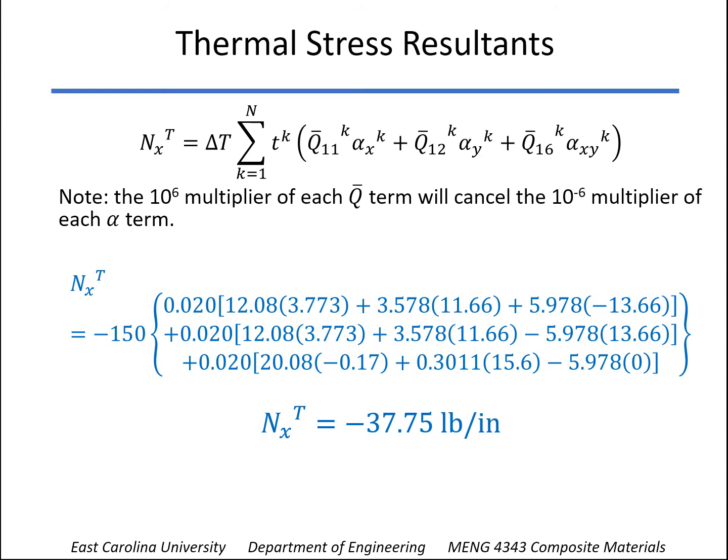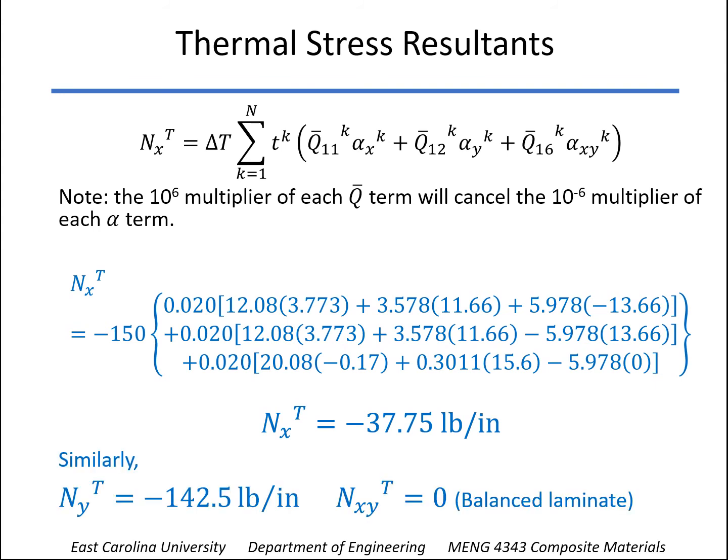And you know, the units of that are the same as the applied stress resultants, N x, N y, etc. And if we do a similar thing, notice that the N y thermal is even larger than N x thermal, and that N xy thermal, because we have a balanced laminate, is going to be equal to 0.